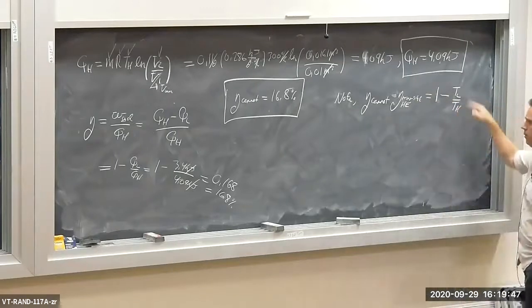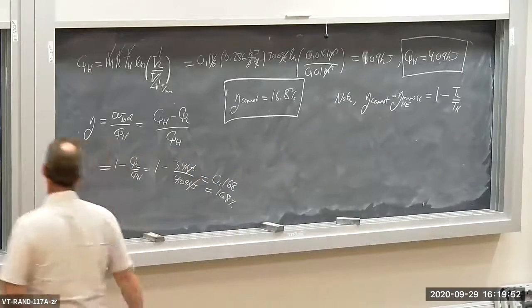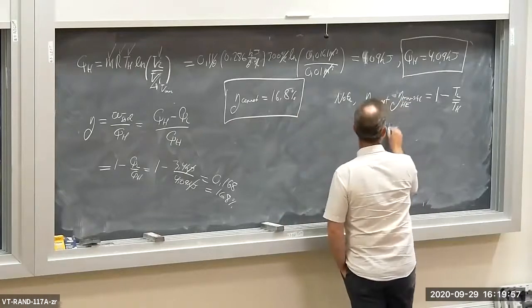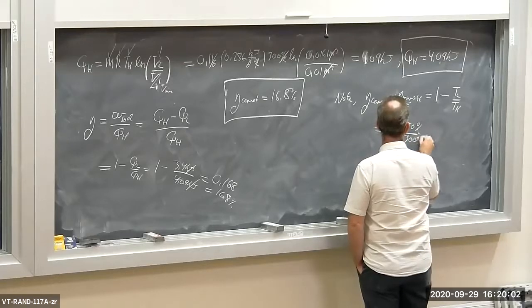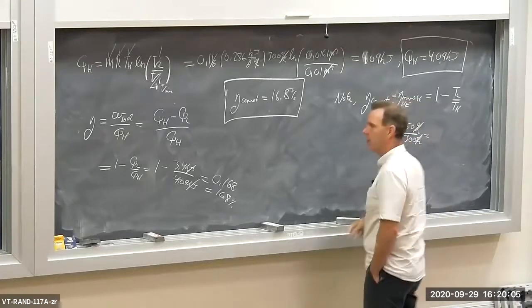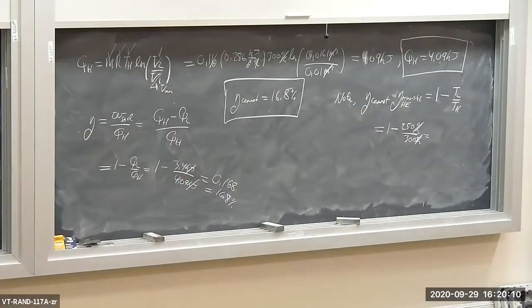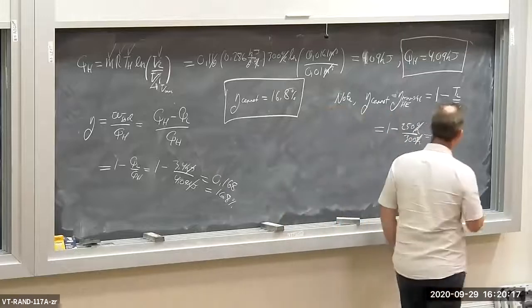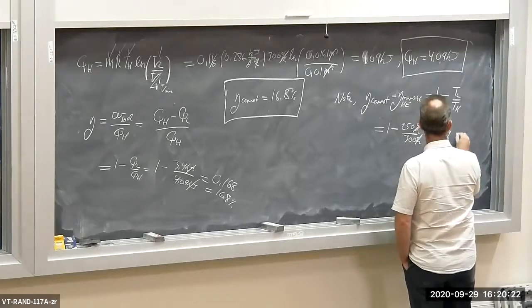Remember where we got this from? 1 minus QL over QH for a reversible process is equal to the ratio of the reservoir temperatures. In our case, we have 250 Kelvin and 300 Kelvin. The Kelvins cancel out. Again, efficiency is dimensionless. And I get an efficiency of 0.168, with a little bit of rounding going off, or if you like, 16.8%.